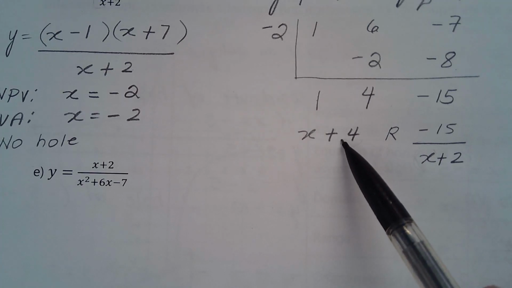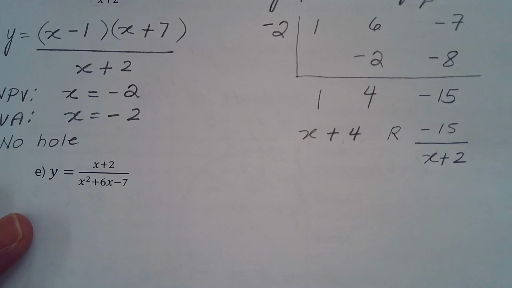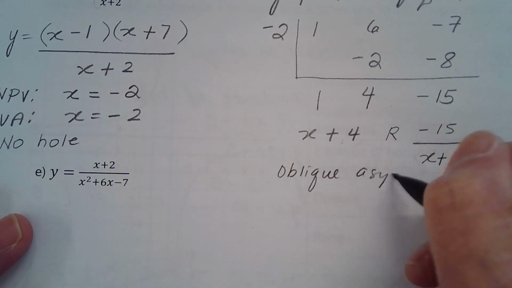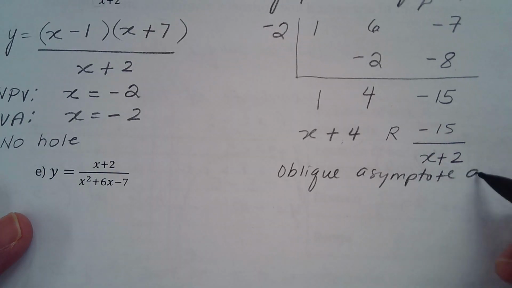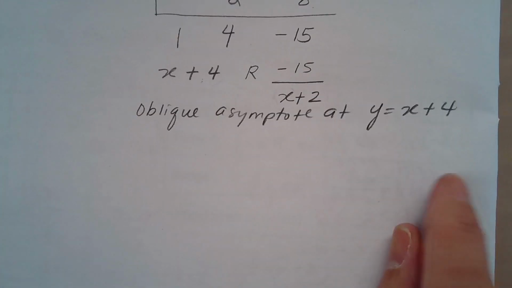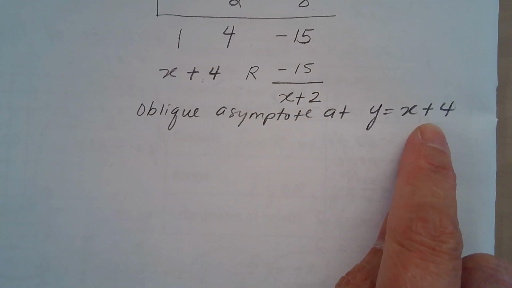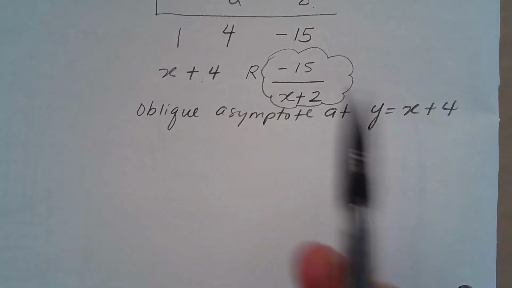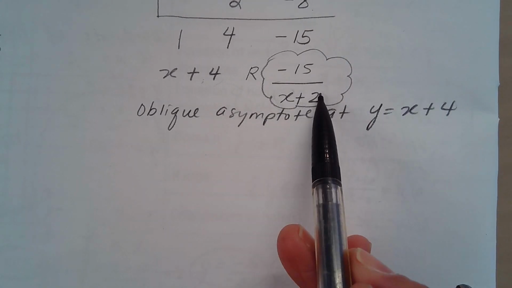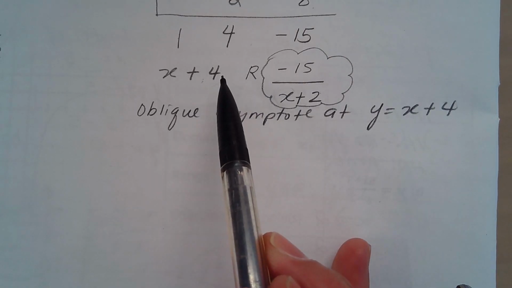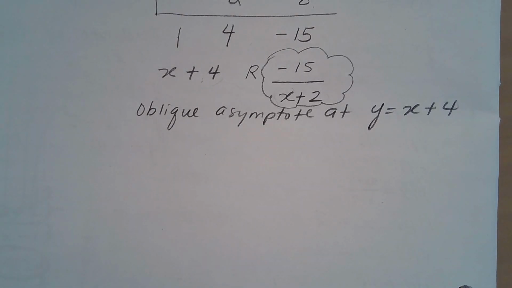So there's an oblique asymptote at y equals x plus 4. The reason why it's an oblique asymptote is because of the remaining part in here. As this x increases, the value gets closer and closer to x plus 4. Okay.